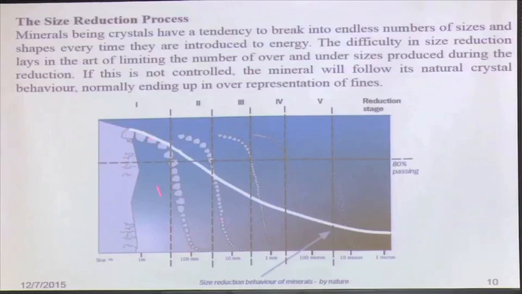But our job as mineral processors is to reduce the generation of these finer sizes, because we want to take out the material at the coarsest sizes possible, so that the energy input is less and profitability goes up. So, the challenge for a mineral processor is how to make this curve as vertical as possible.